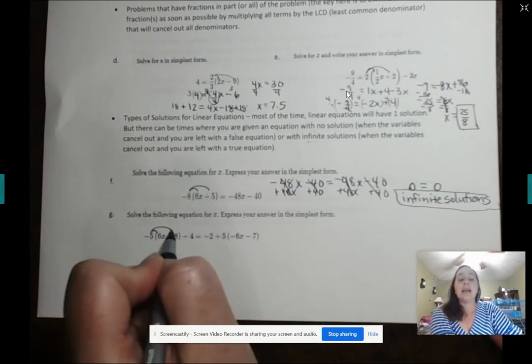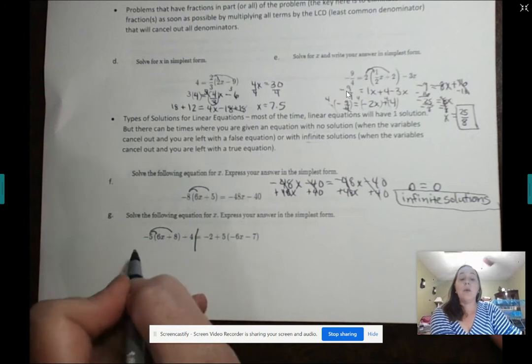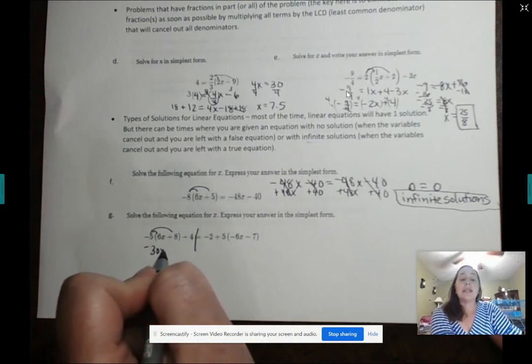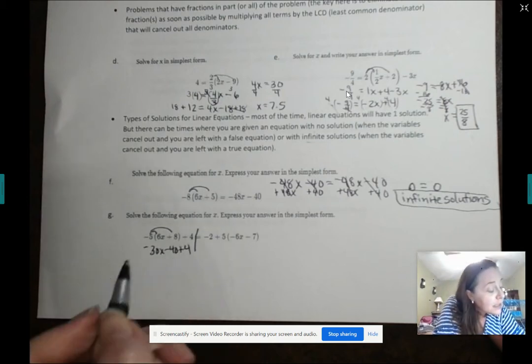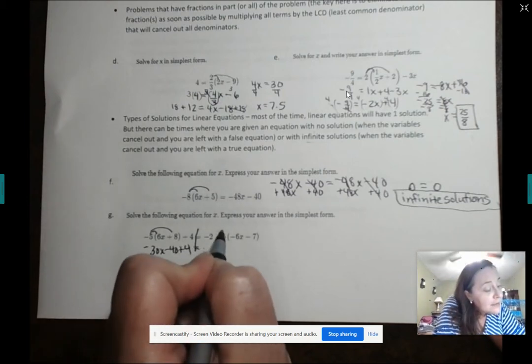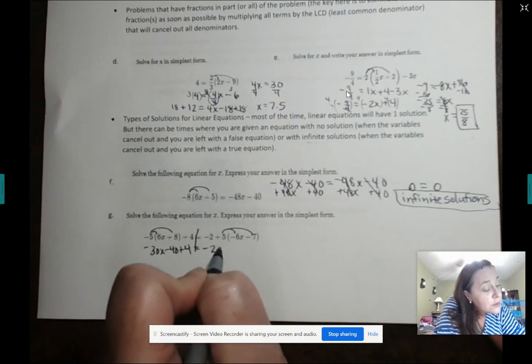Now, on the opposite side of that coin would be, what if your variables cancel out? Oh, this is a +4. What if this happens and I distribute?